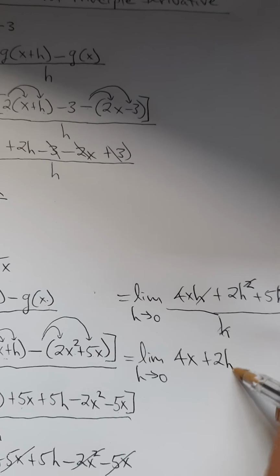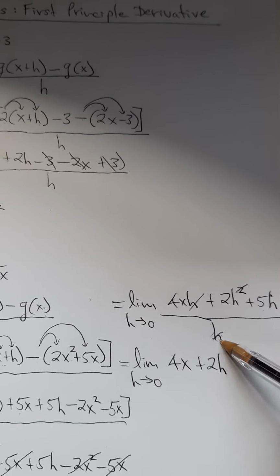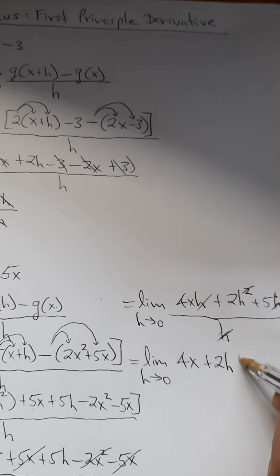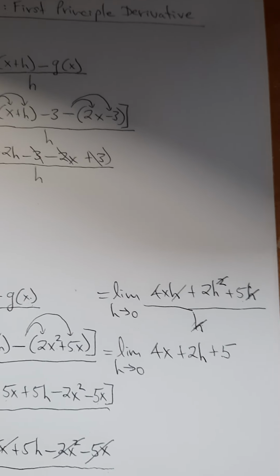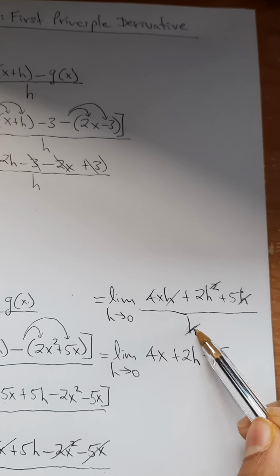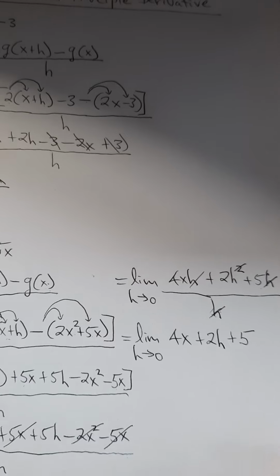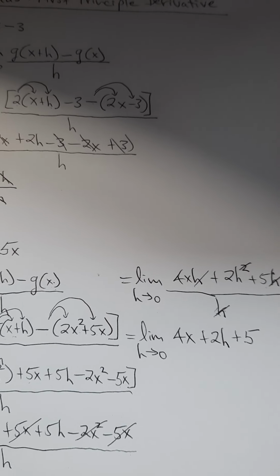So plus 2h, like that. This is 5h divided by h, so the h and the h cancel, and I'm left with plus 5. So the h is divided for each of the terms separately here. So this is what we are left with in terms of our expression.